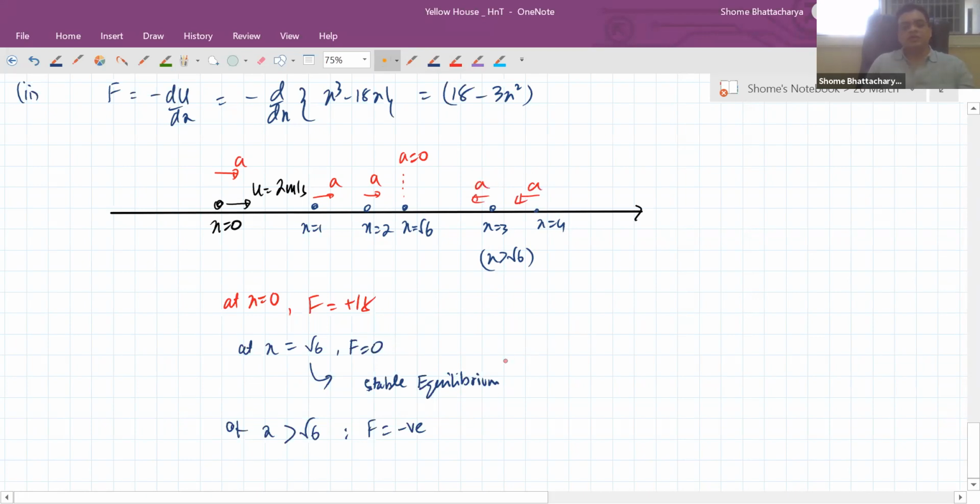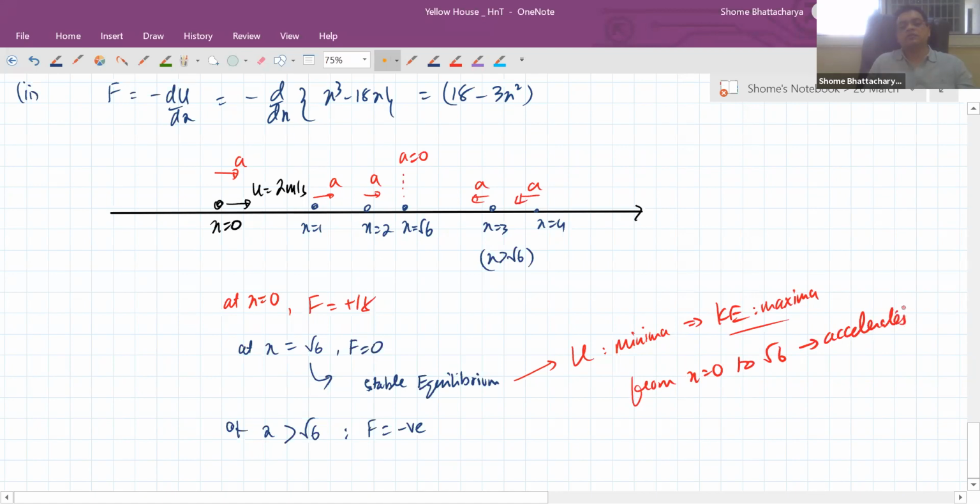Okay. So we can see that stable equilibrium is where potential energy has minima. So obviously kinetic energy has maximum. Or you can see from x equal to 0 to root 6, it accelerates, and root 6 onwards, it decelerates.